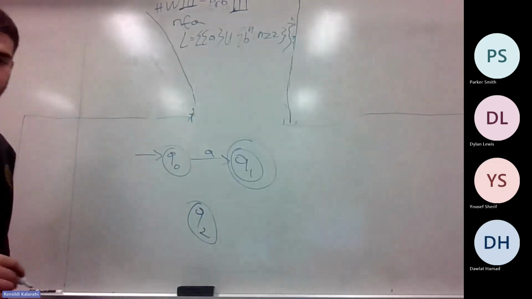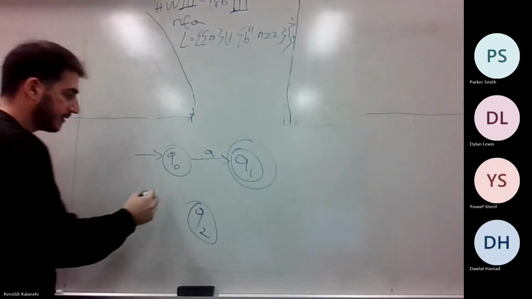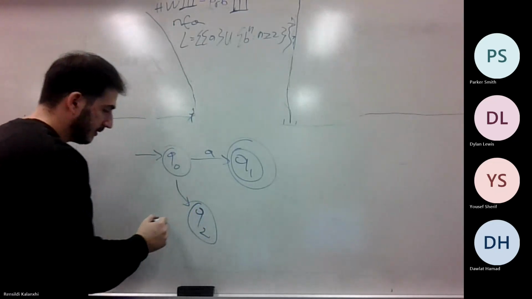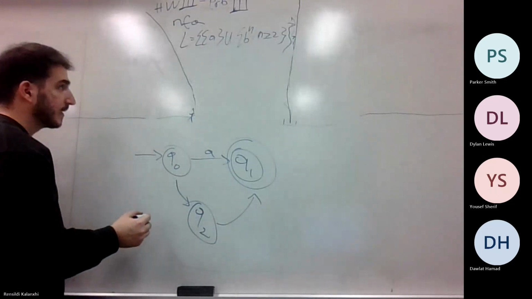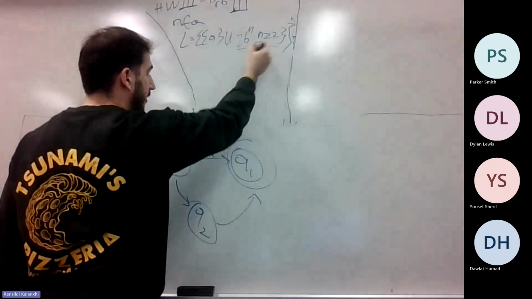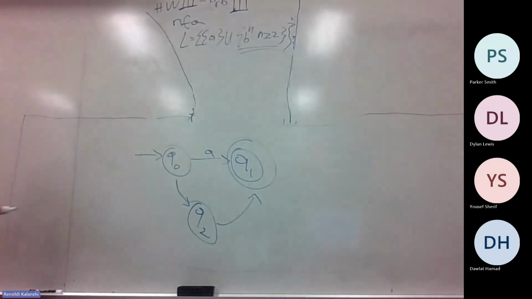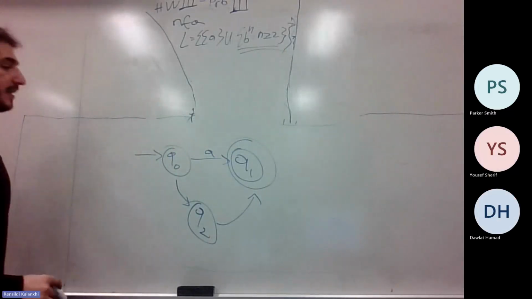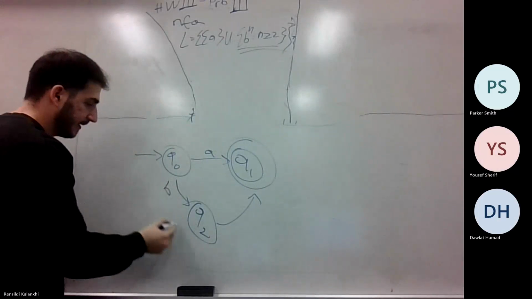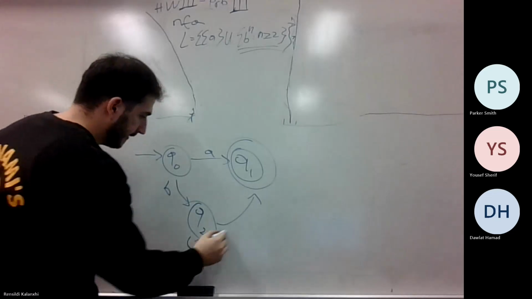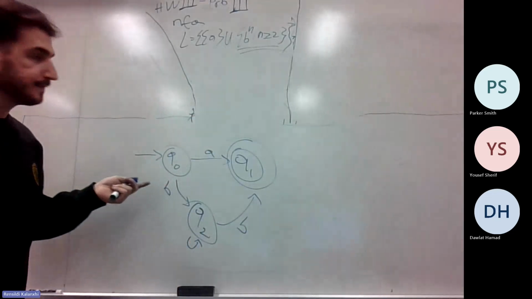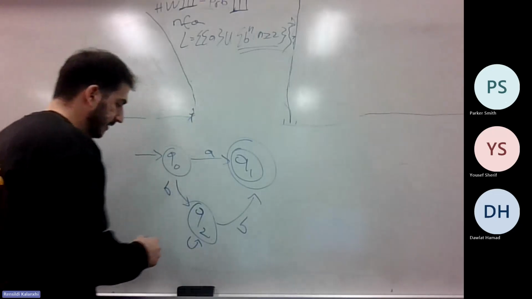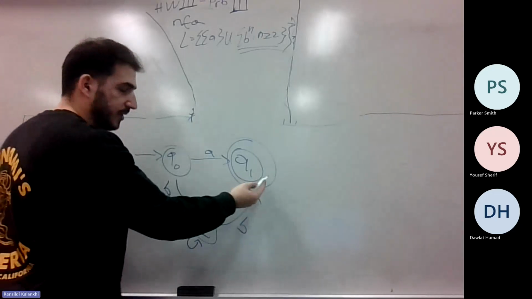Q2, that will help us construct this other part, which is B, where the number of B's can be equal to 2 or more than 2. So what we can do is 1B, 2B, yes, correct.